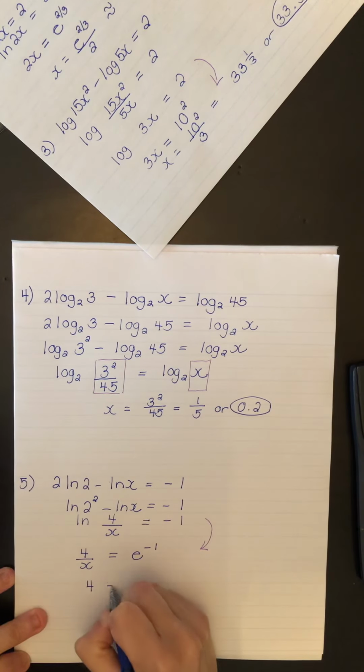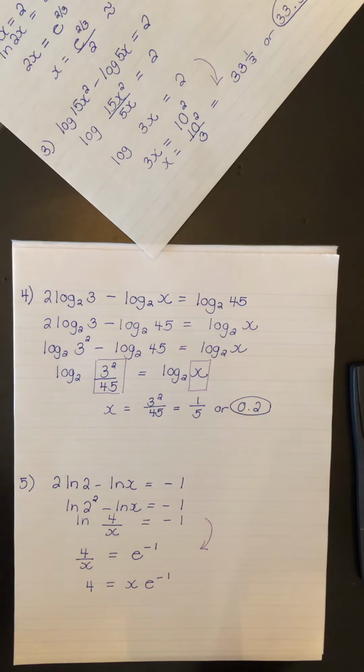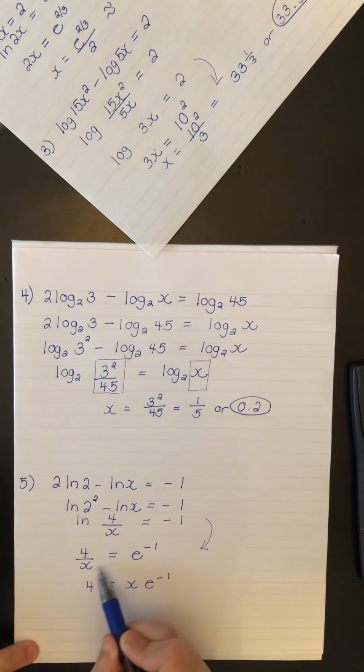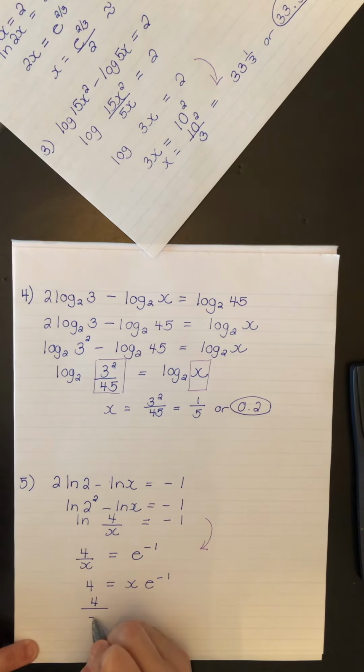So 4 is x times e to the -1, right? Multiplication like this. Now to get x by itself, we have to divide both sides by this number, e to the -1. So 4 divided by e to the -1 is x.